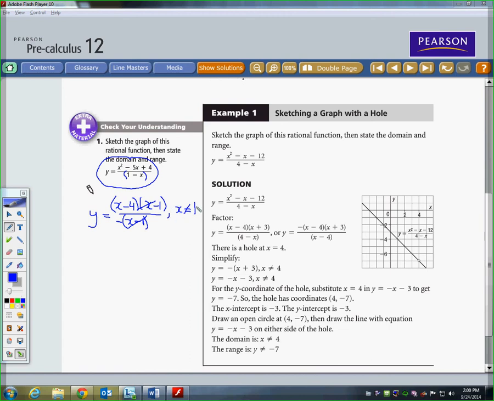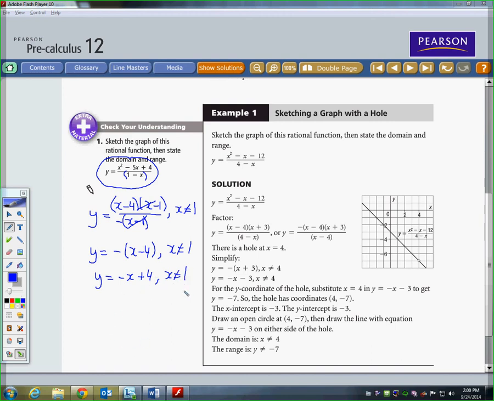If I don't add this piece, I've left something out. Okay, so now I've got this negative in the denominator, so I'll say y is equal to negative x minus 4, very similar to the example that I just did, with the restriction that x cannot be equal to 1. So y is equal to negative x plus 4 with x cannot be equal to 1.